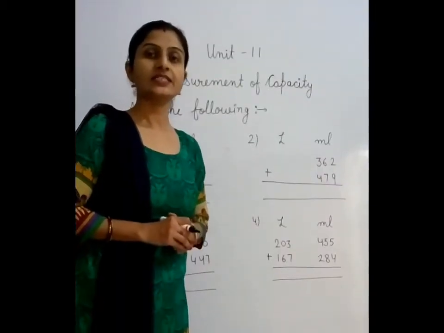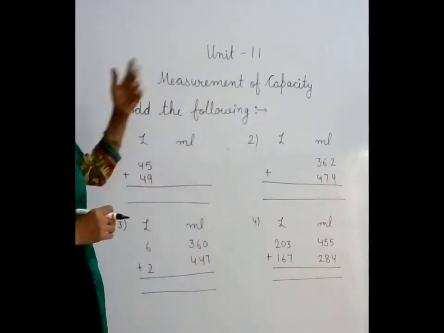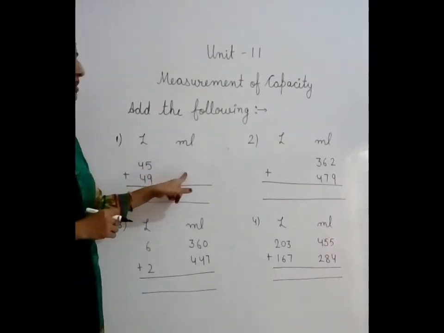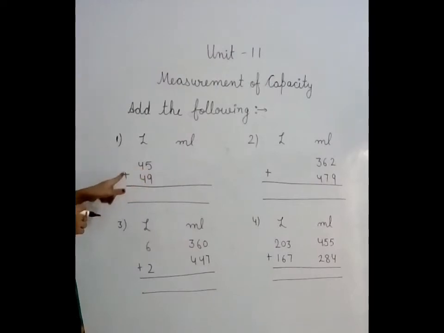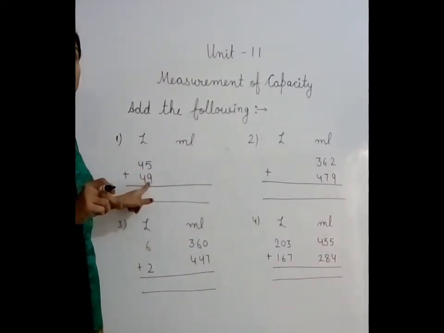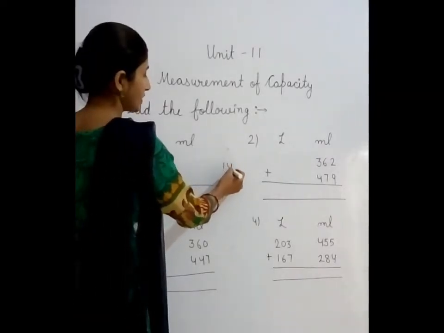Dear kids, let's take some more example how we add liter and milliliter. First one is milliliter is not mentioned there. So what we do? We add only liters. 5 plus 9. Count in your finger and give me the answer. 5 plus 9 is 14.